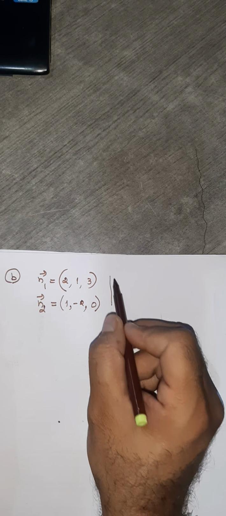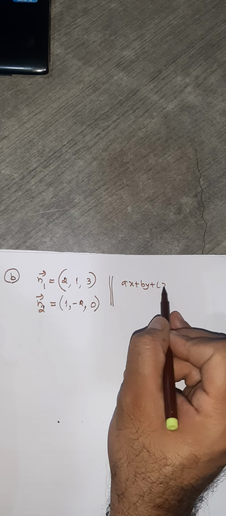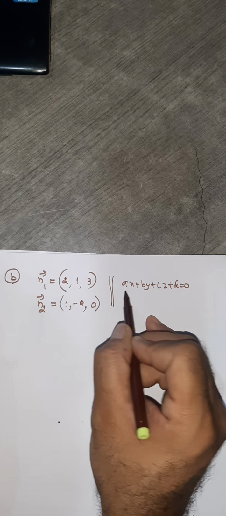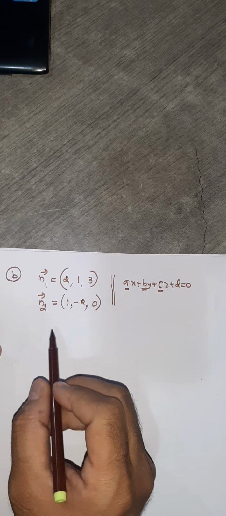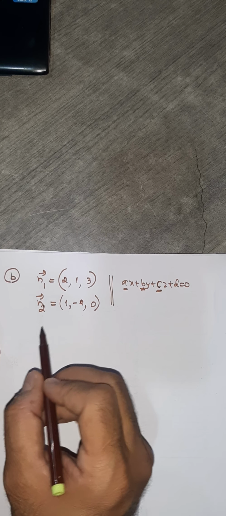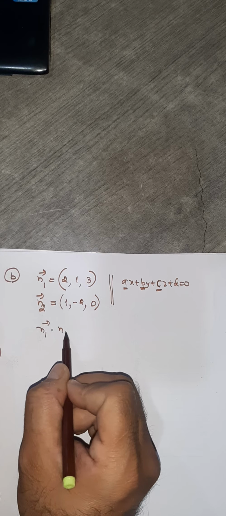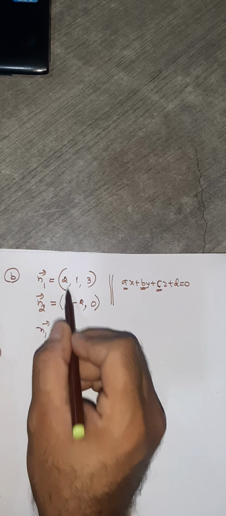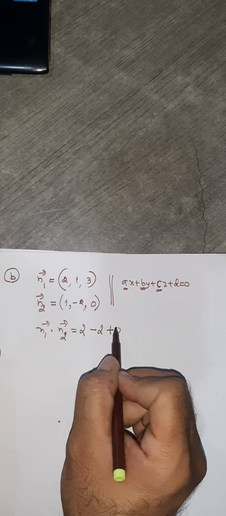How do we get the normals? I just remind you, if this is the plane, then the normal just represents the coefficients of x, y, and z, remember, a, b, c. Now these are not multiples, that's quite obvious. But if you look at the dot product, you will notice that it is 0. 2 into 1, which is 2, plus this into this, which is minus 2, plus 0.